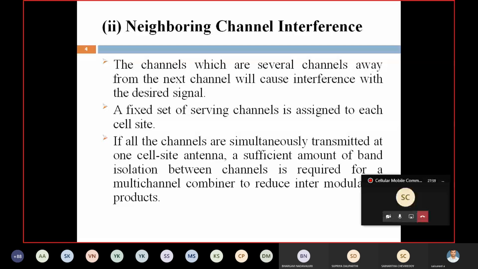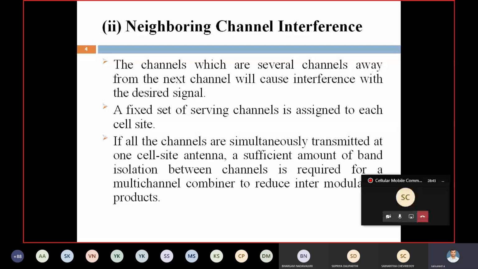We'll discuss what is meant by a fixed set of channels in the fourth unit. If all the channels are simultaneously transmitted at one cell site antenna, a sufficient amount of band isolation between channels is required.